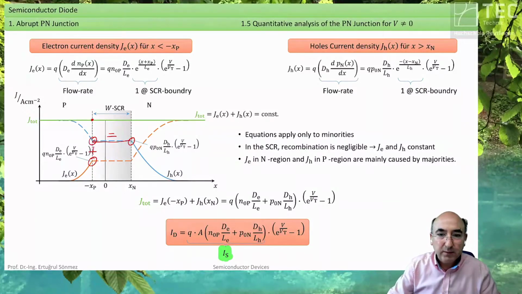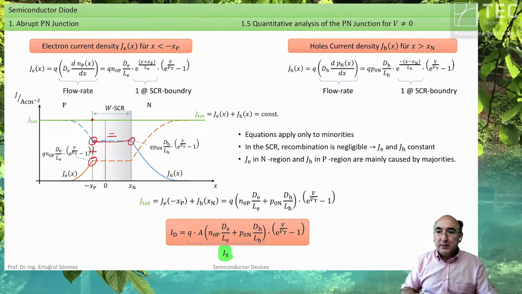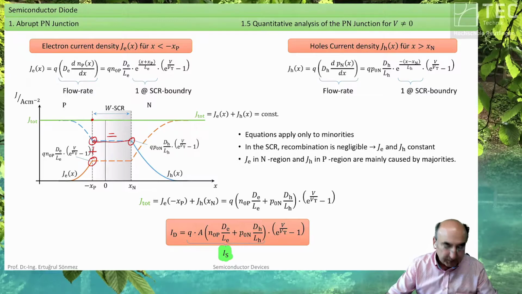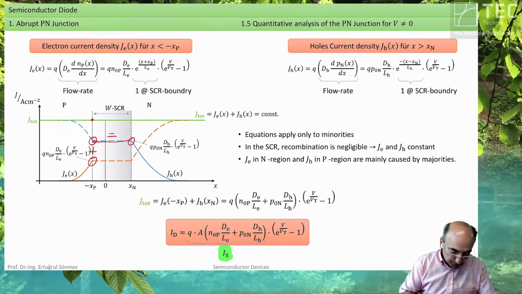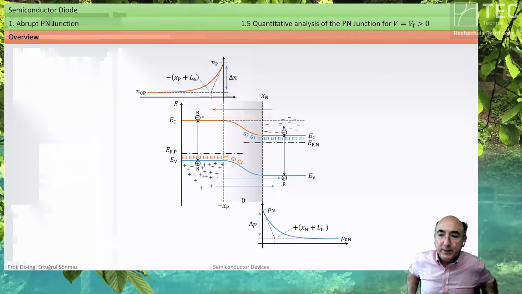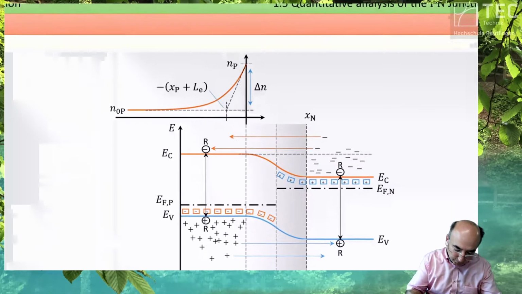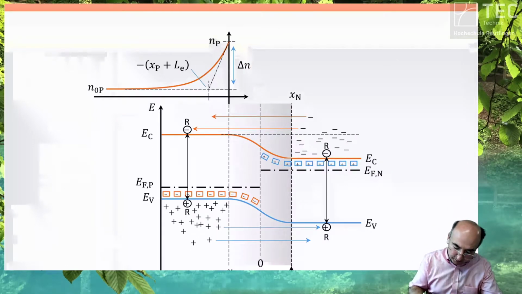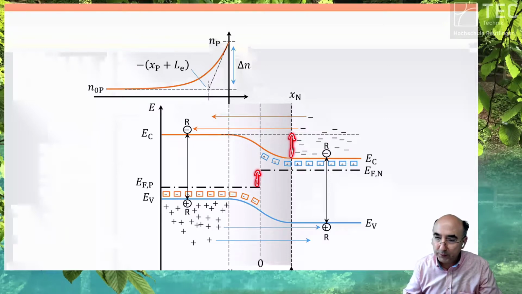Let's start again. Well, the last time in our lectures, we talked about current in the diode. The current in the diode is initiated by injecting majorities against the electrical field over the barrier, which you reduce by applying forward bias.